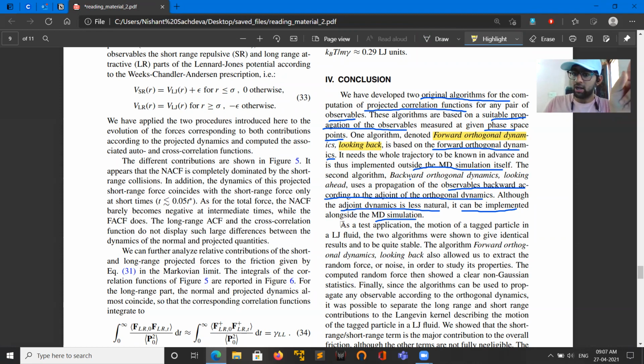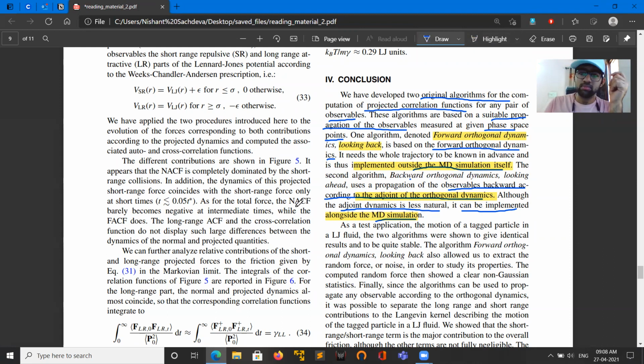The second algorithm, backward orthogonal dynamics, looking ahead, uses a propagation of the observables backwards according to the adjoint of the orthogonal dynamics. This is a bit less natural, a bit less intuitive, but it can be implemented alongside the simulation. So it does not need to be implemented outside the simulation. The first algorithm needs to go outside the simulation, the second can be implemented along the simulation.